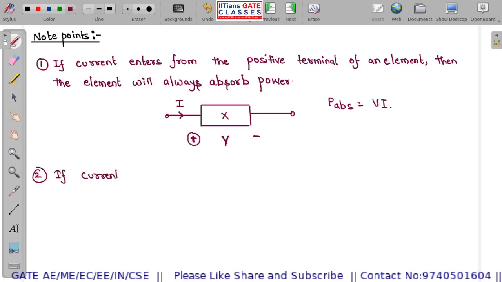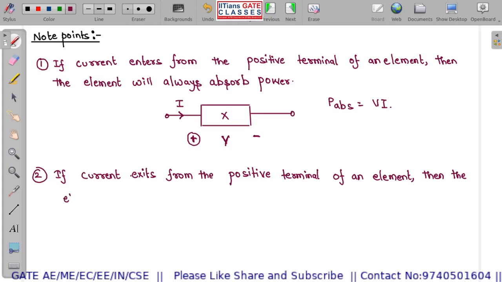Now the second point: if current leaves, or I should say exits, from the positive terminal of an element, then the element will always deliver power.